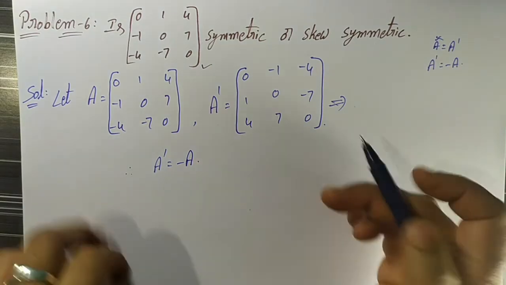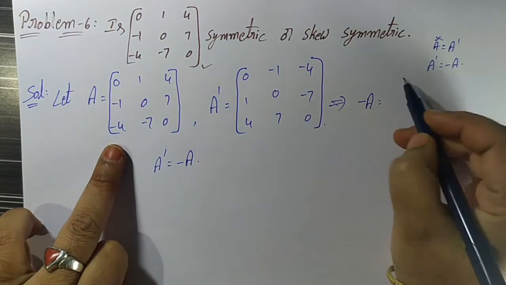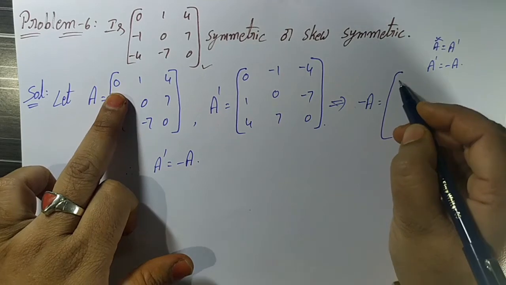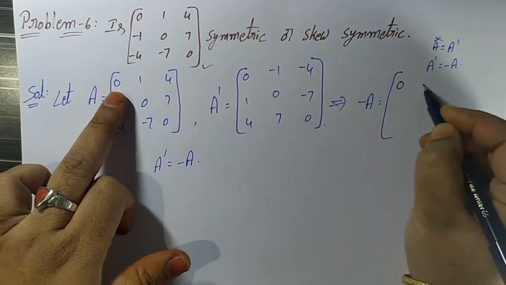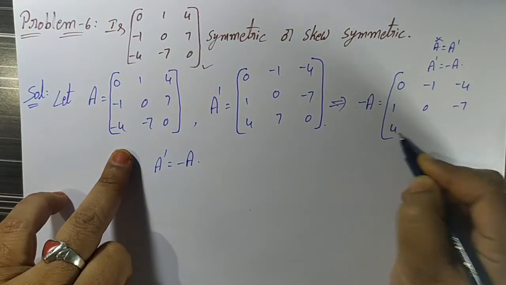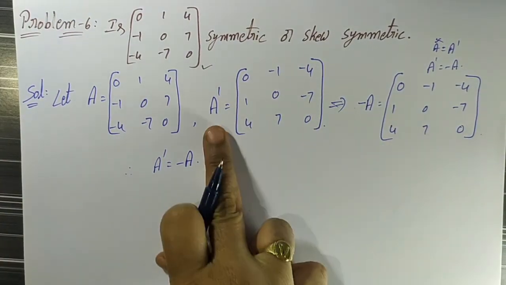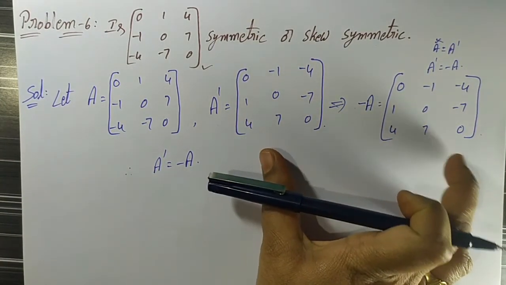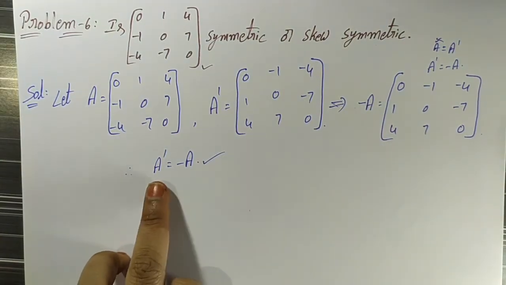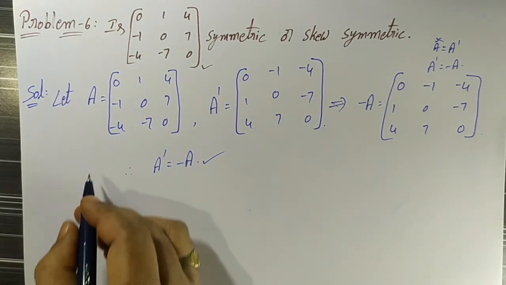For our convenience, write down the minus A matrix. Minus A equals, by multiplying minus with each element, [0, -1, -4; 1, 0, -7; 4, 7, 0]. This is the minus A matrix. A dash and minus A matrices are equal to each other, so we say that A dash equals minus A. If A dash equals minus A, then the given matrix is a skew symmetric matrix.